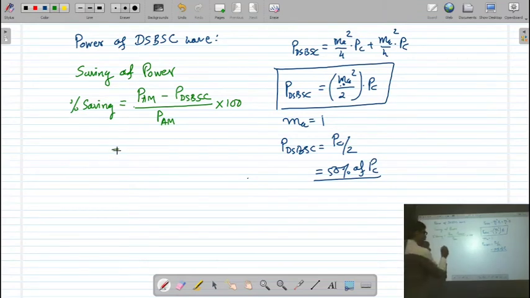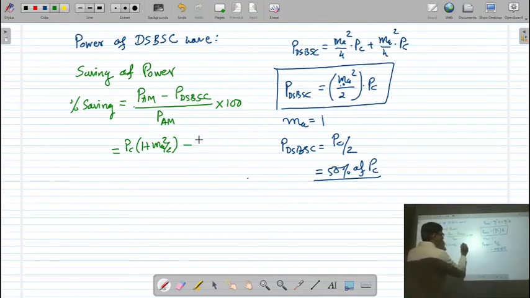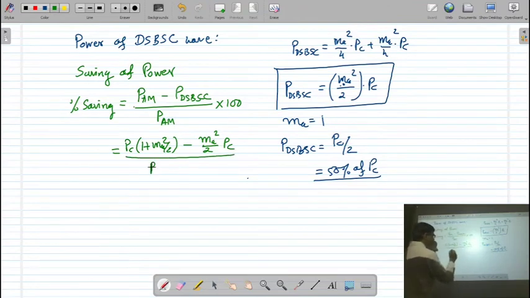Now the total power is Pc into 1 plus ma square by 2. The DSB-SC power, just as we have calculated, is ma square by 2 into Pc, divided by Pc into 1 plus ma square by 2, multiplied by 100.